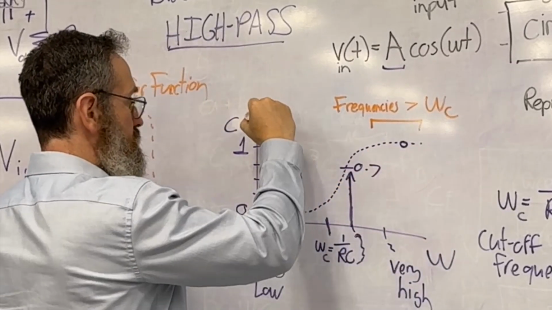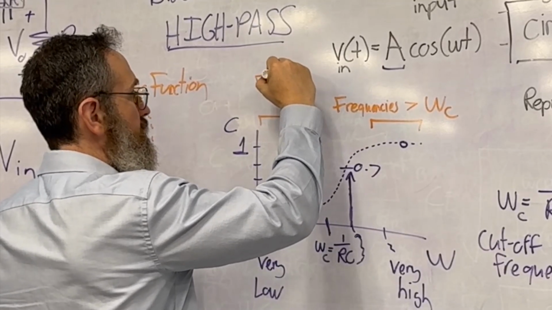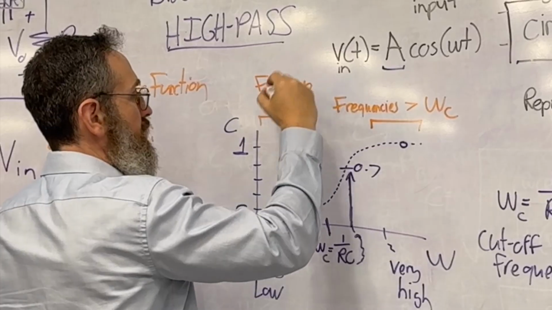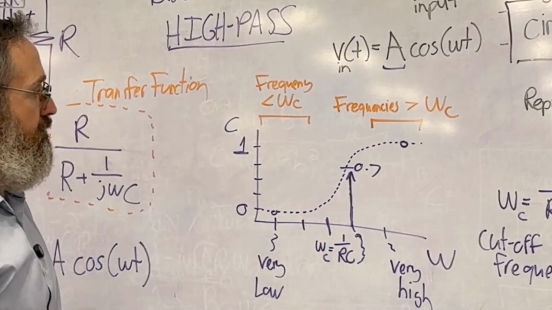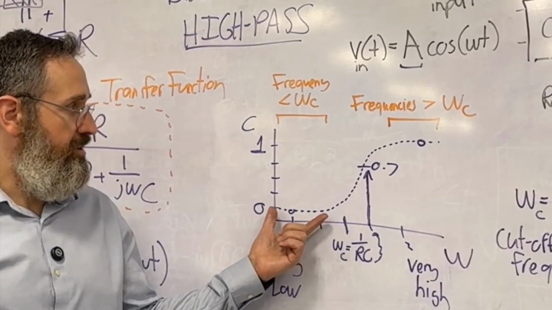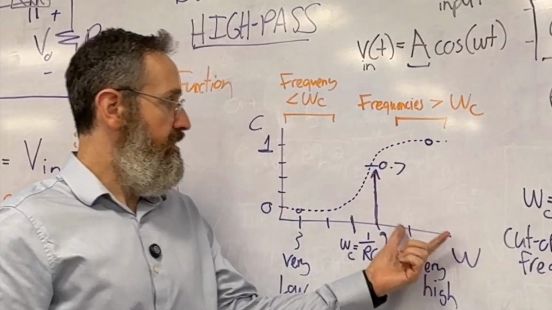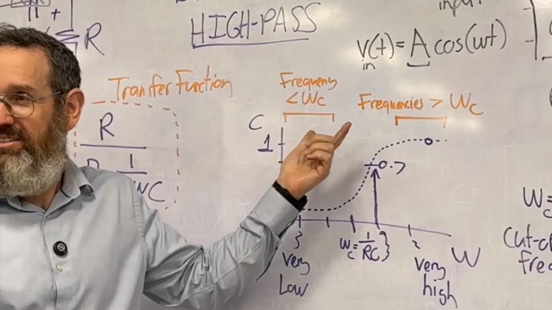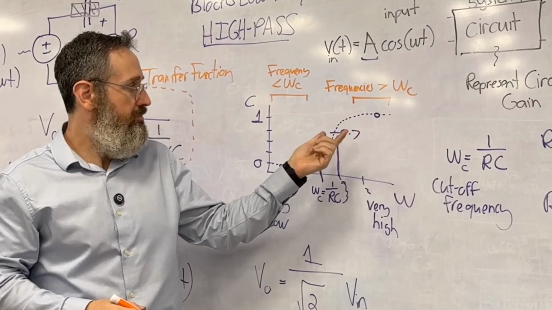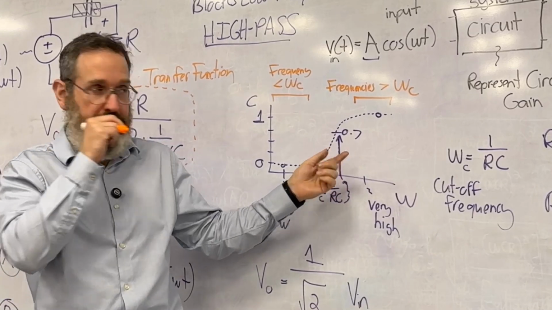And here, of course, is frequency less than the cutoff. So if the frequency is less than the cutoff, you're here. If the frequency is greater than the cutoff, you're here. And if it's not a lot bigger and it's not a lot smaller, then you're kind of here, which we don't like to be in. Because, what does that mean?